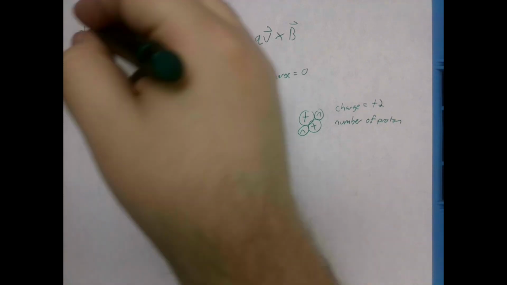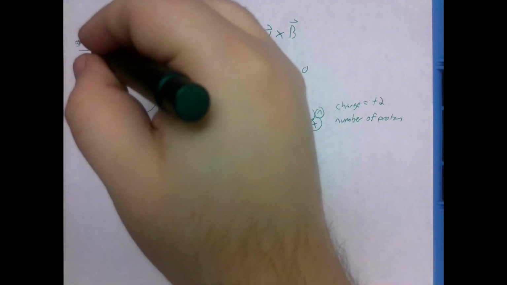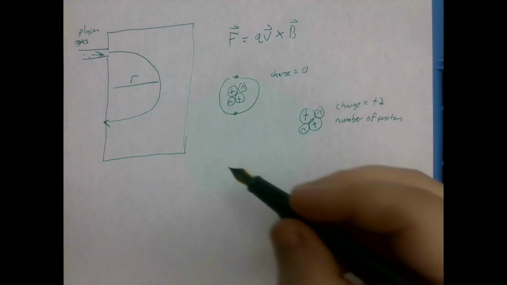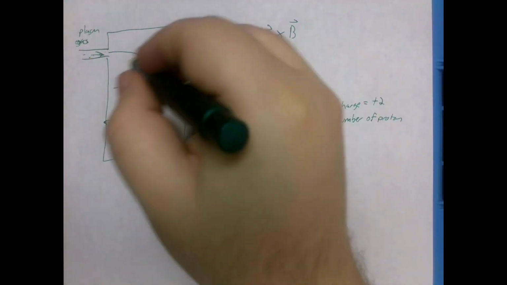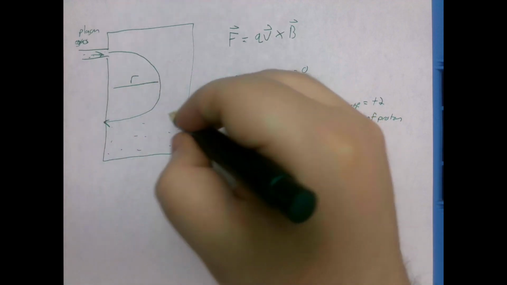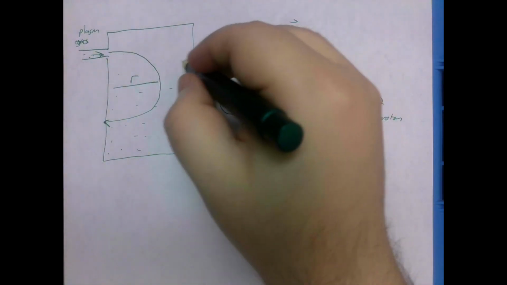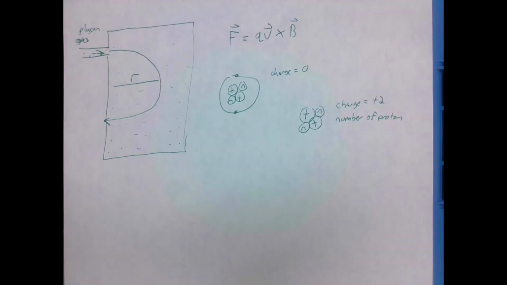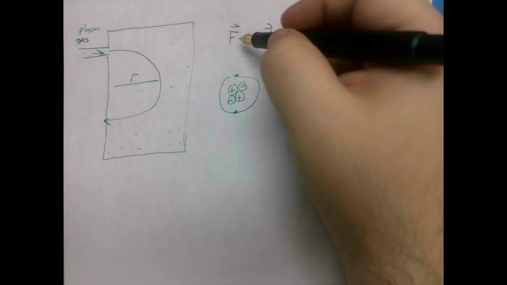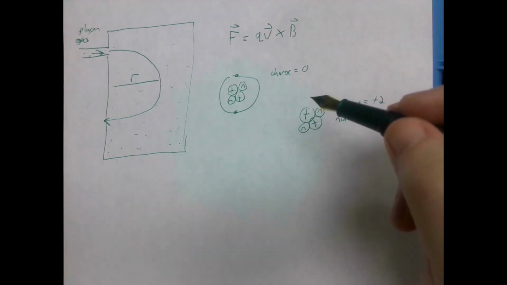So if we heat this up to where it turns into atoms and atoms are stripped of their electrons, then each particle that goes through this magnetic field will have a charge equal to the number of protons. And the amount of force is stronger the more protons and charge it has.